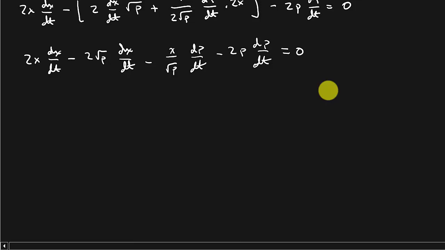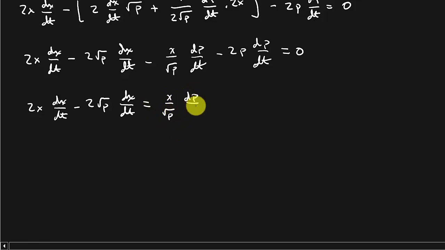All right. Now, I need to solve for dx/dt. So everything that doesn't have a dx/dt needs to go to the other side. So I've got 2x dx/dt minus 2 square root of p dx/dt equals x over square root of p dp/dt plus 2p dp/dt.